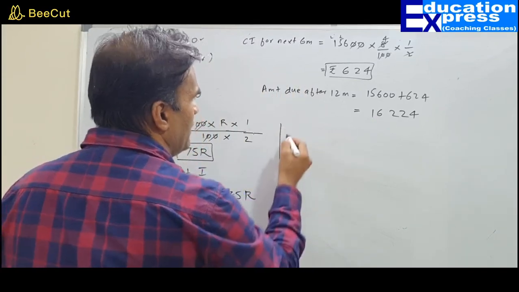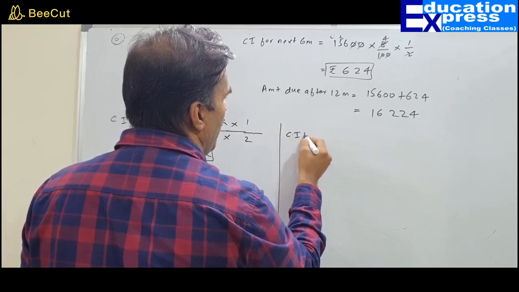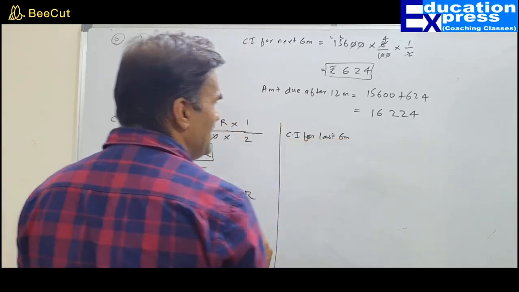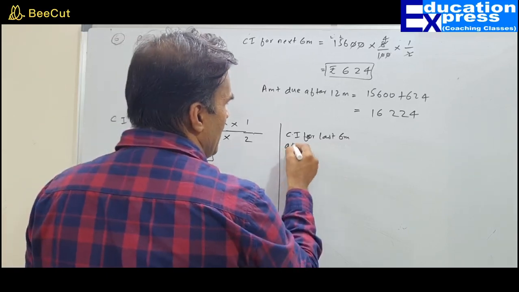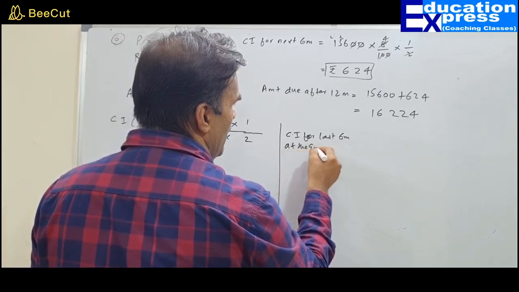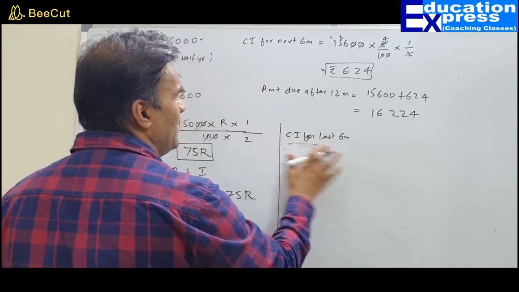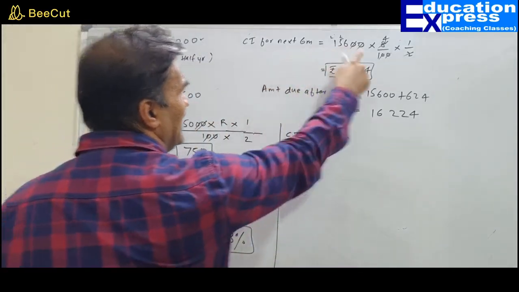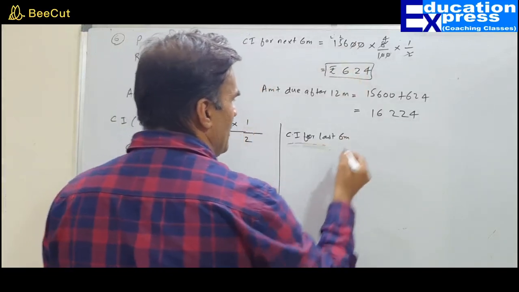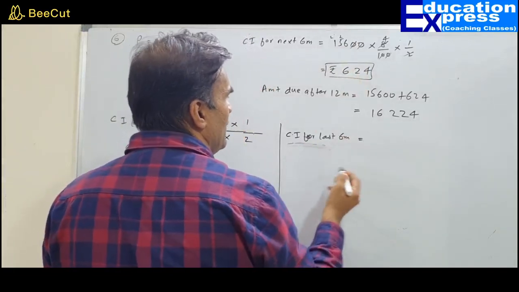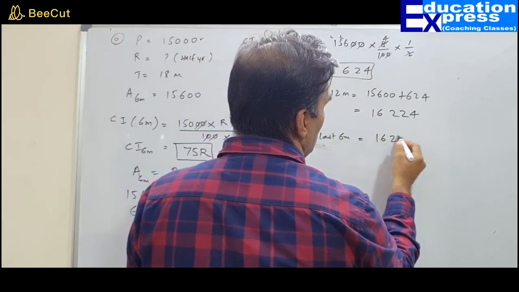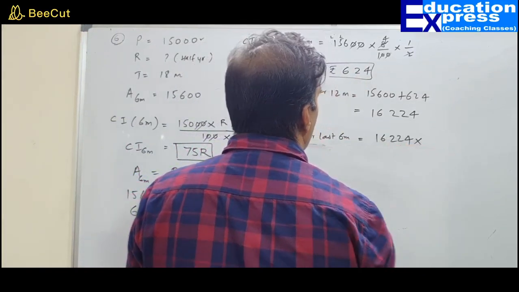Now you have to find compound interest for last 6 months. That means compound interest at the end of 18th month, because we are following a sequence of 6 months. This is 6 months, this is next 6 months, now the next one. So compound interest after 6 months, 6 more months. 16224 multiply by, what is the rate?